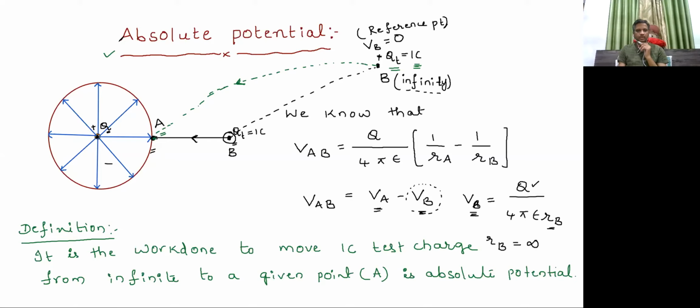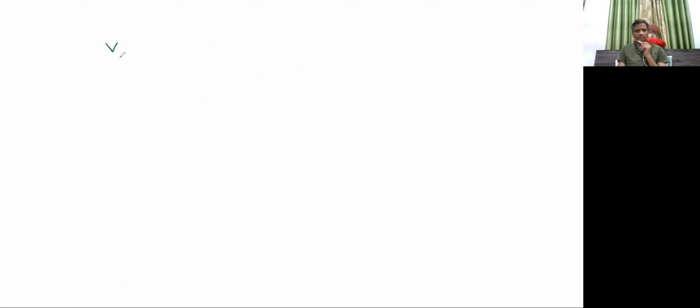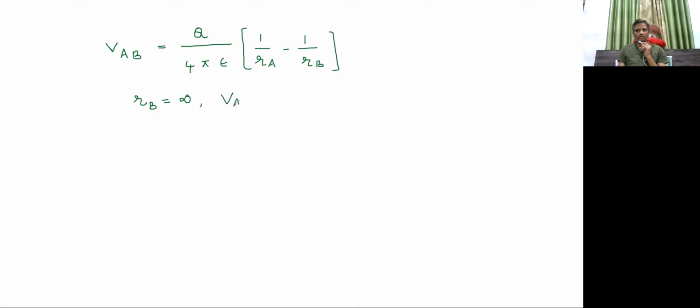Now we'll try to make the expression VAB, which is equal to Q by 4 pi epsilon into 1 by RA minus 1 by RB. What we should now do is make RB equal to infinite, and VAB obviously is going to become simply VA, because at point B we are going to have the potential 0.